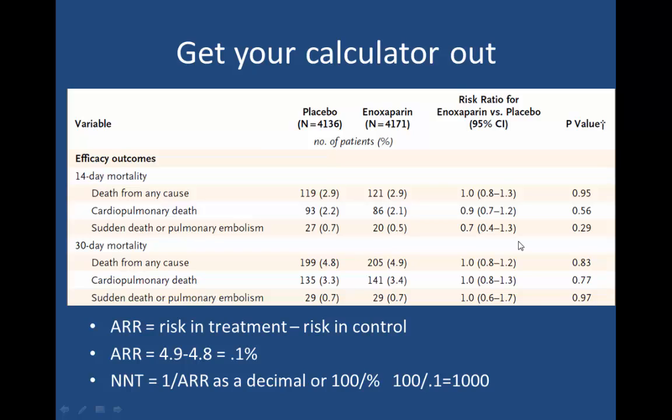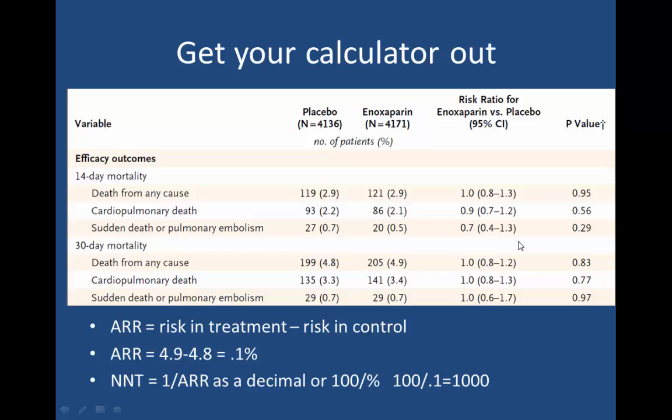Boy, that's a high number needed to treat, isn't it? If this is a drug that's expensive, and I told you it costs about $420 an injection, and you're going to get one of those every day, is it really worth it to give it to 1,000 patients just to prevent one outcome here?